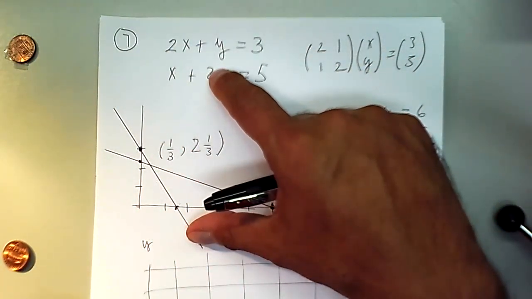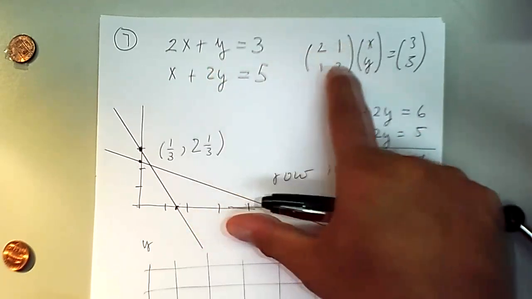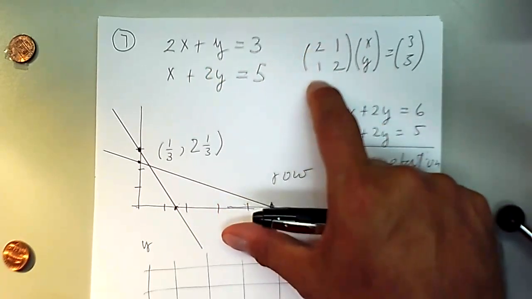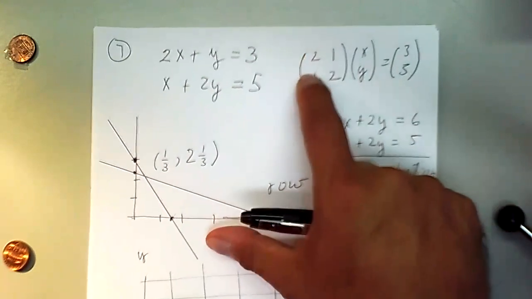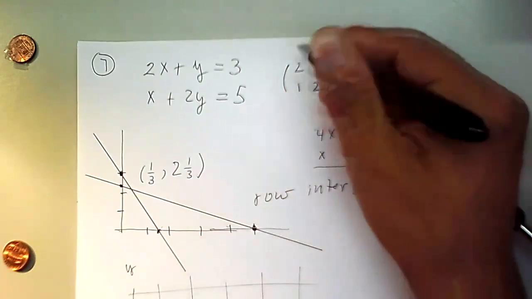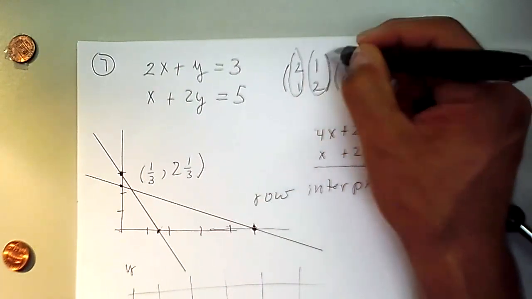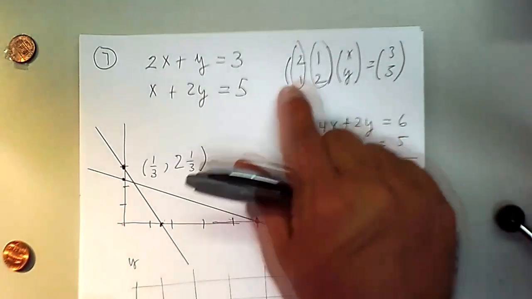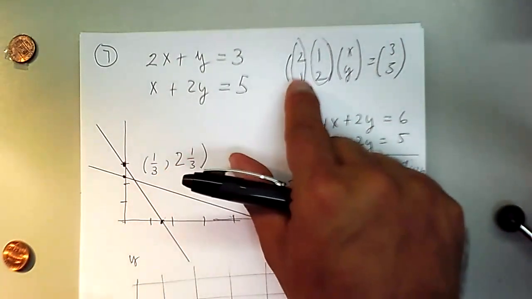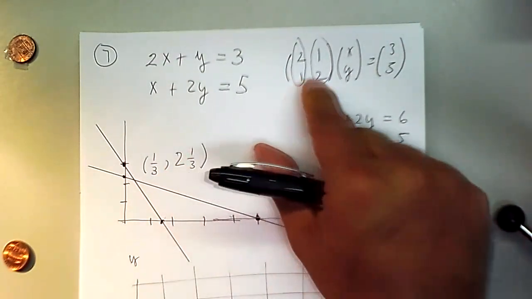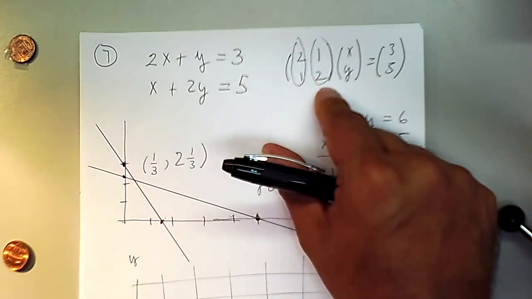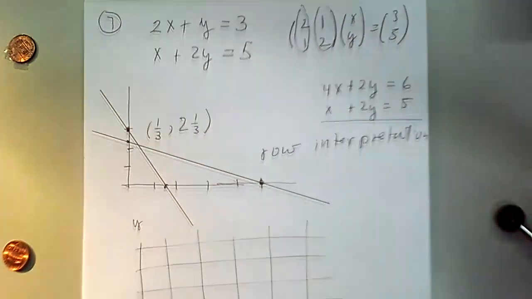Now, it's interesting because if you read it across, you're going to end up with 2, 1 and 1, 2, but read them correctly, please. That's a pure coincidence. So this is the vector, and this is the other vector. And what this solution says is that if you take a third of this vector and you add 2 1/3 of this vector, we're going to end up with 3, 5.